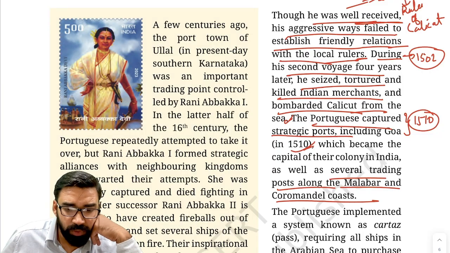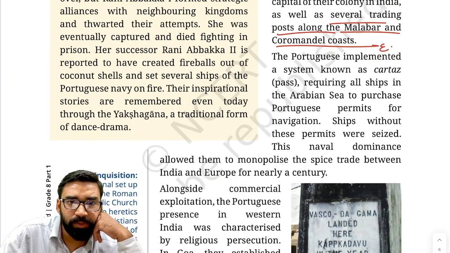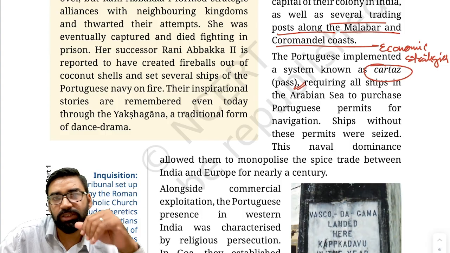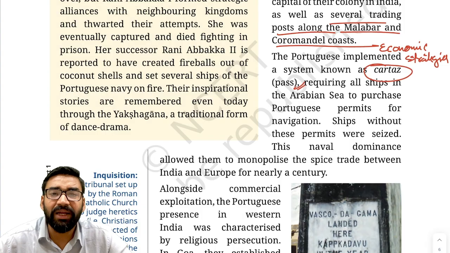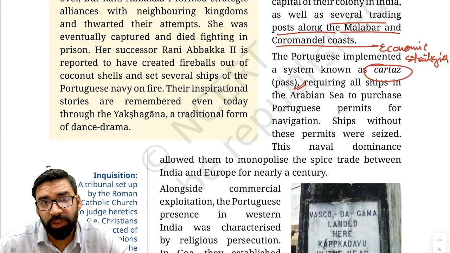With respect to economic strategies, what were their economic strategies? This paragraph is related to economic strategies. The Portuguese implemented one system called Cartas. What is the Cartas system? It is like trade passes. Now Goa was under the control of the Portuguese, and they also established their supremacy in the Indian Ocean region.